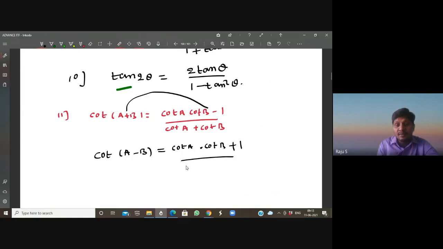Remember this especially: in this case cot B comes first, cot B minus cot A.